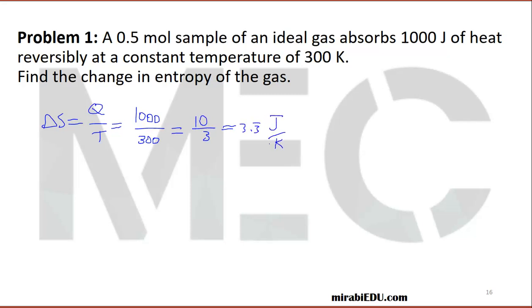The unit of entropy is joule per Kelvin, of course, because the SI unit of heat is joule and the SI unit of temperature is Kelvin. Okay, this is the entropy change of this gas.